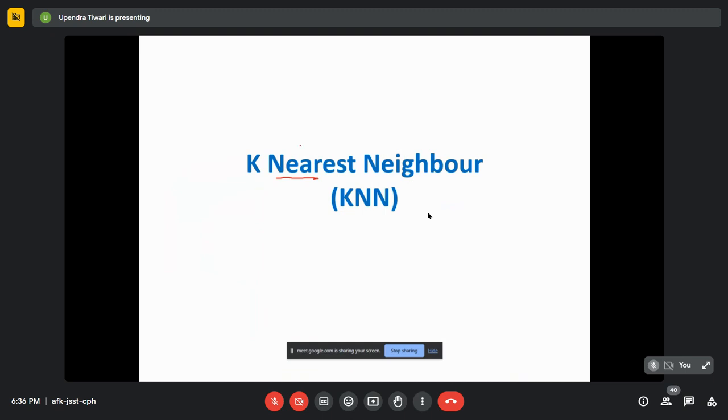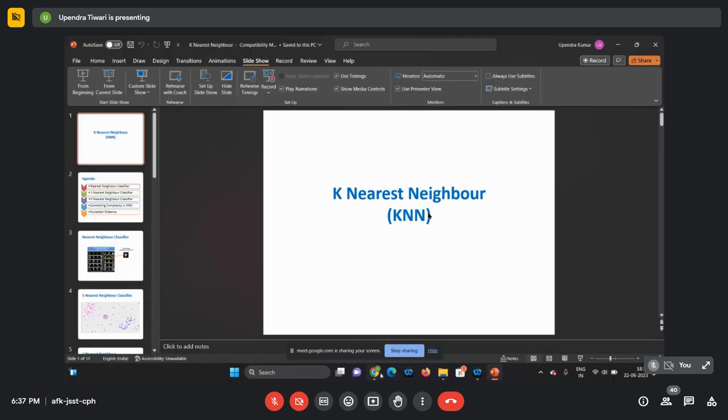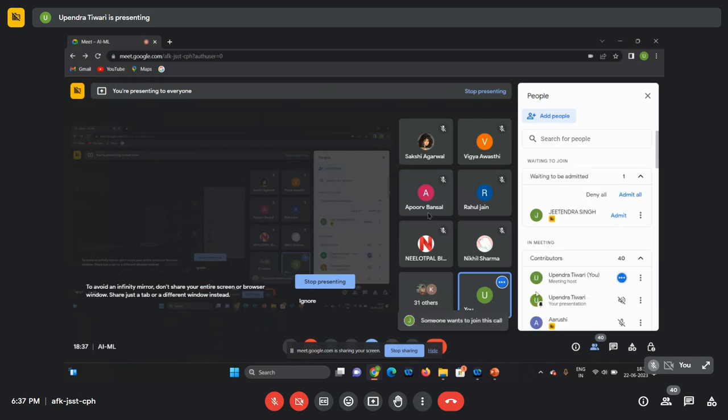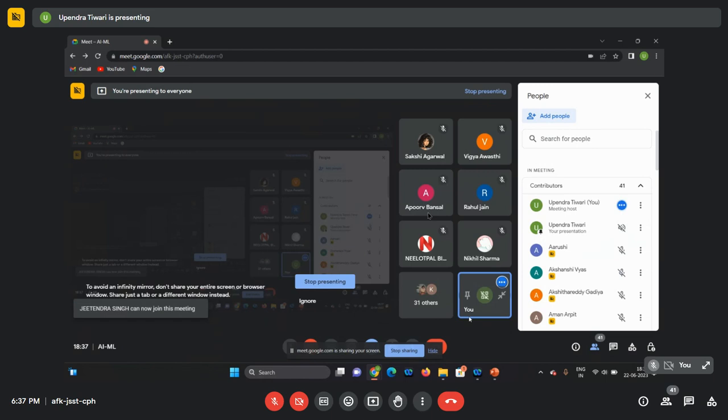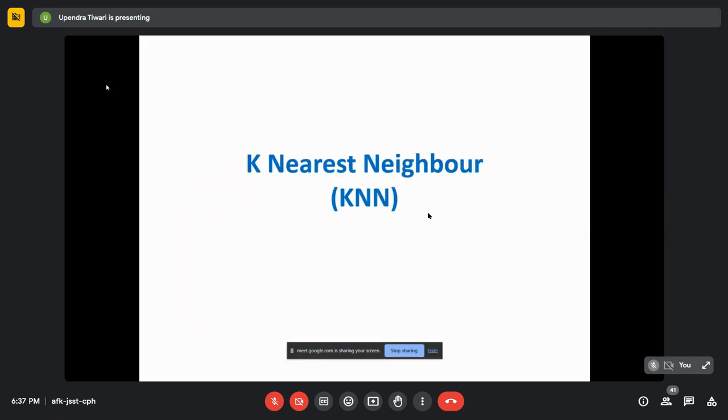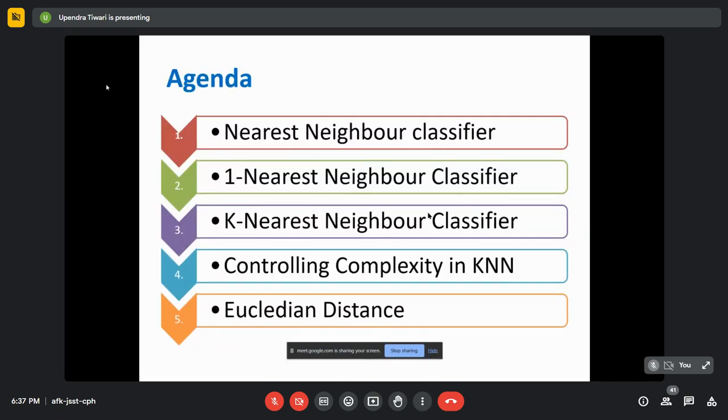It's a supervised learning algorithm, and it is particularly used for classification. You know that when you apply classification, when your output variable is categorical or discrete, at that time you'll be applying a classification algorithm.